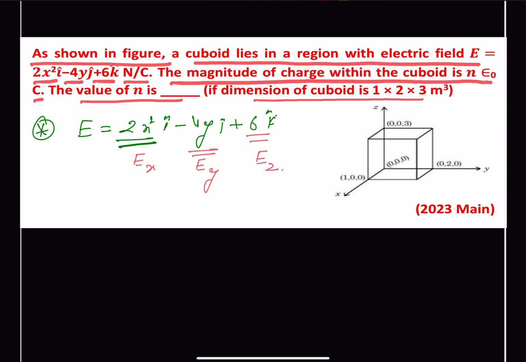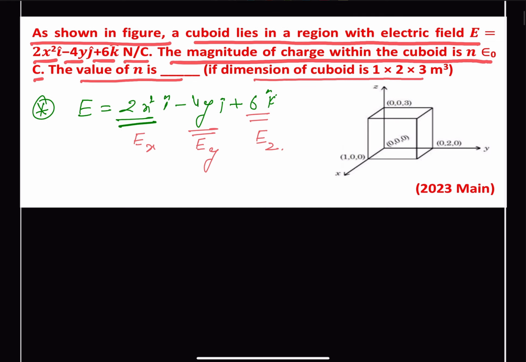Along with this, we can draw a conclusion that E of x is dependent upon the square of x, E of y is dependent upon y, whereas E of z is a constant. So we can draw this conclusion from the given equation.